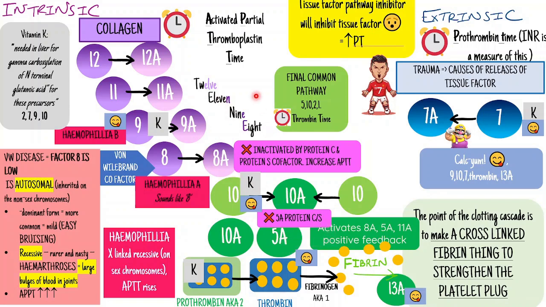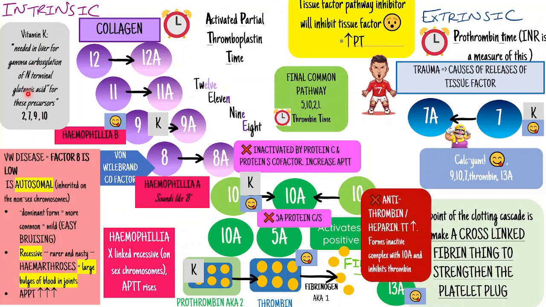What's that going to do? It's going to increase the intrinsic pathway time, which means it's going to increase your APTT. Now, protein C and protein S also require vitamin K in order to work. Okay.